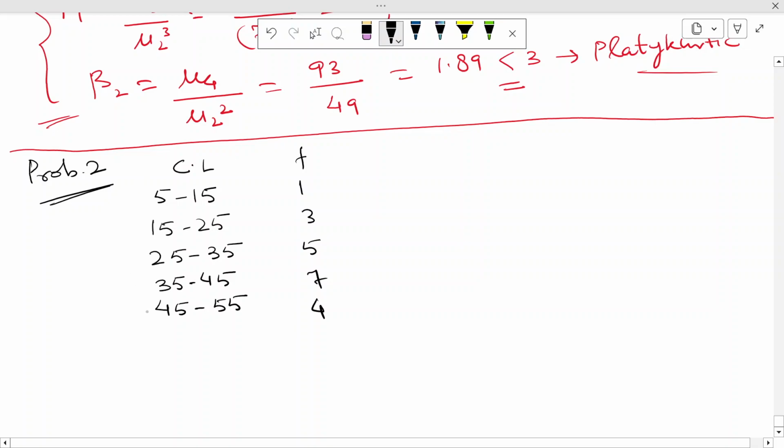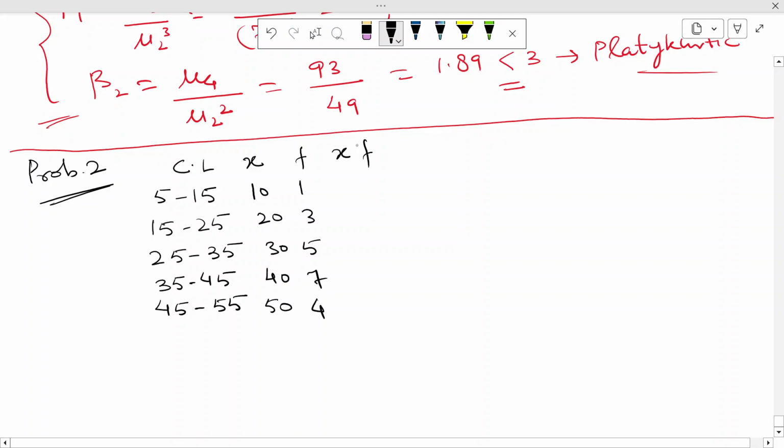Now because this is continuous data, we will consider the observation as the midpoint of each of these intervals. So this is coming out as 10, because 15 plus 5 divided by 2 is 10. Next we have 20, then 30, then 40, and lastly 50.